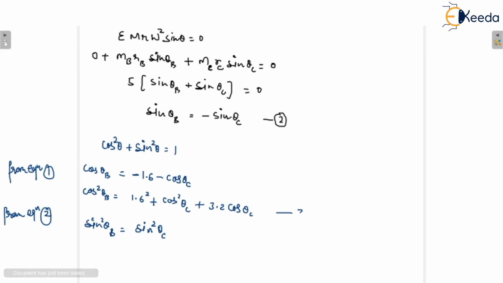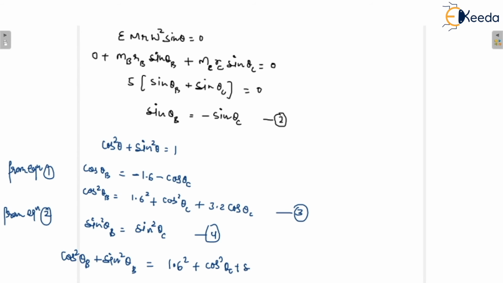So you just have to add equation number 3 and equation number 4. When you add these two equations, you will get cos square theta b plus sin square theta b, and that's equal to 1.6 square plus cos square theta c plus sin square theta c plus 3.2 cos theta c.